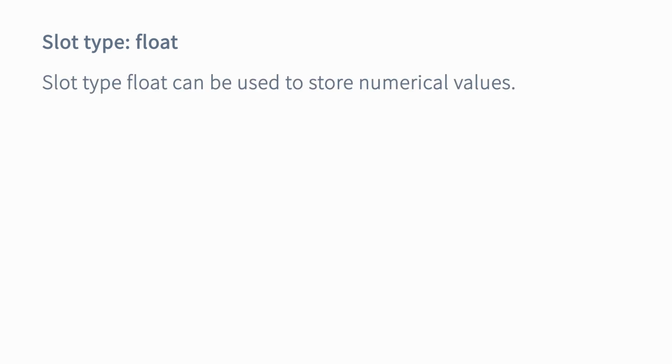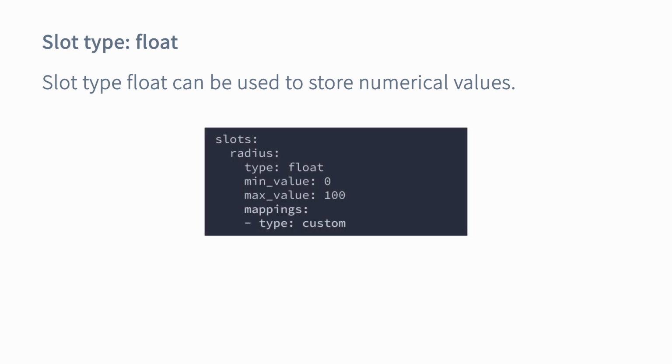Slot type float can be used to store any numerical values. This slot type can also influence the conversation, and here again, the value of the slot will be an important piece that will influence how the conversation goes. As you can see, you can define the minimum and the maximum value that the provided slot can obtain.